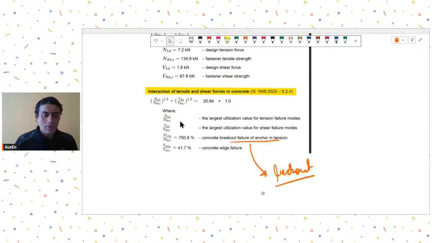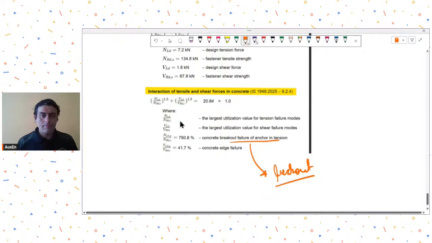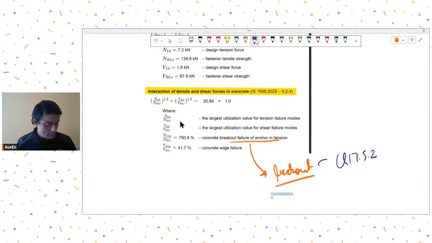Now the American code tells you that you can avoid the breakout failures by providing reinforcement. I'm not sure if the Indian code tells you because I have not studied this code, but if you refer to clause number, I'm just writing it over here, 17.5.2.1 anchor reinforcement.